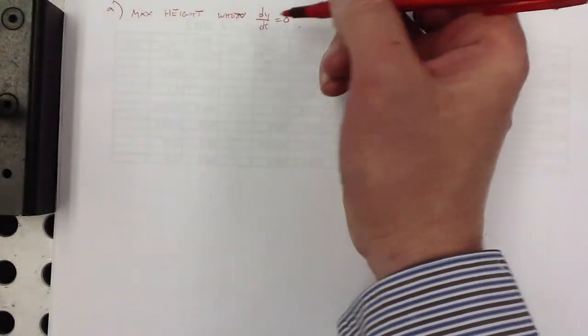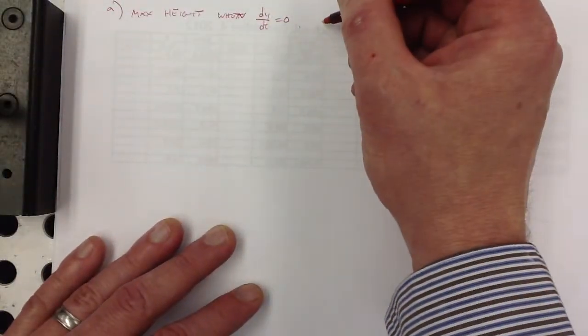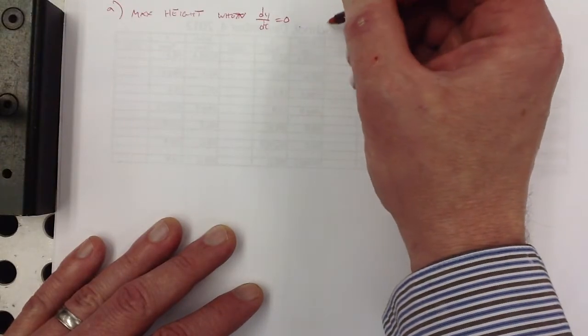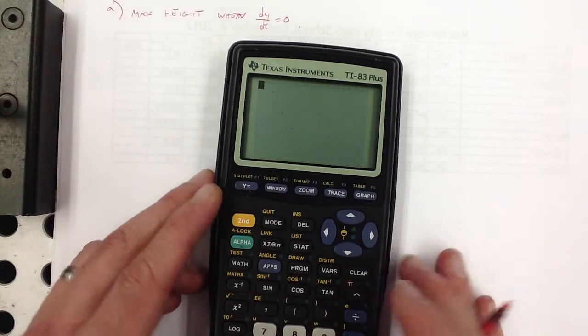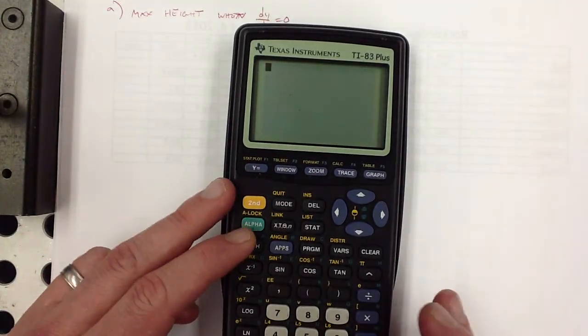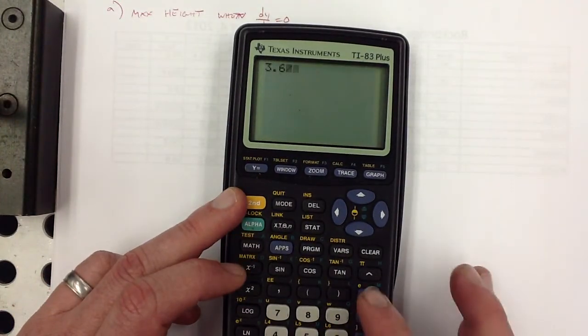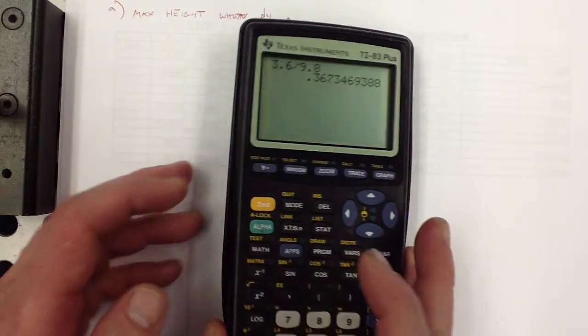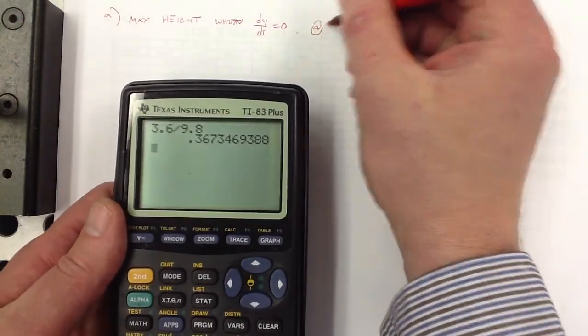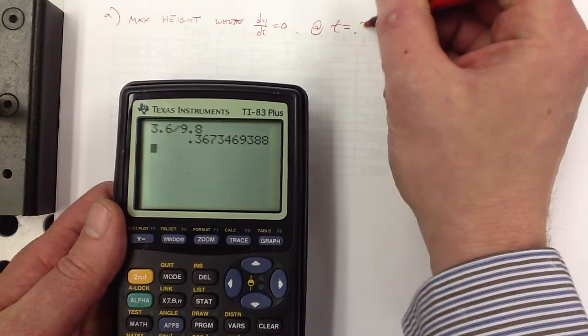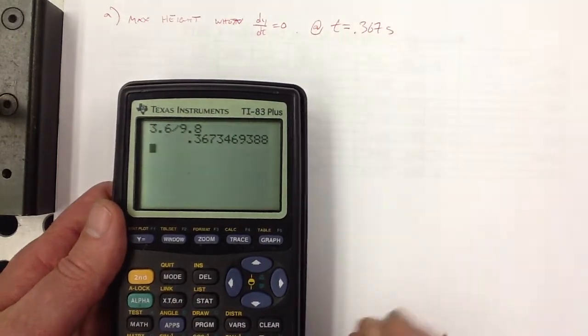That's when she's going to have positive velocity and then negative velocity. So the maximum height happens when dy dt is equal to 0. Solving that, we just plug in and do some baby algebra. That's just 3.6 divided by 9.8, which happens at t equals 0.367 seconds.